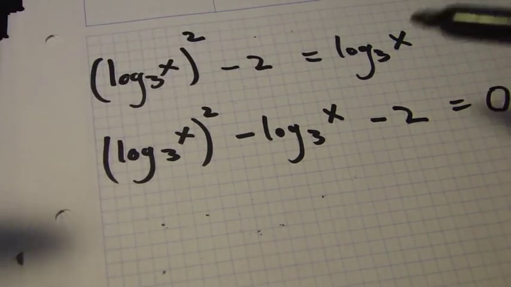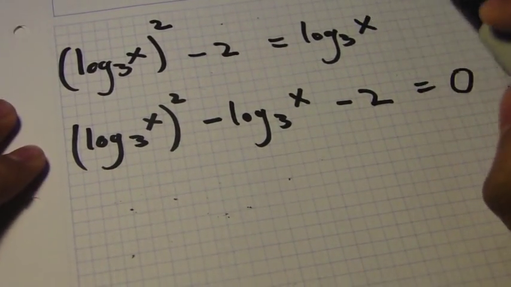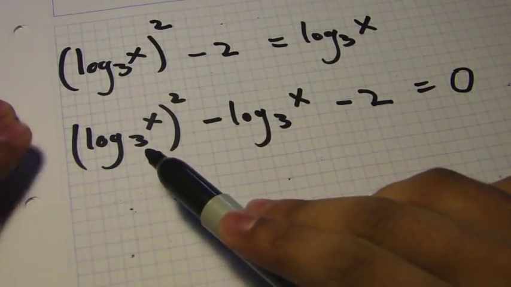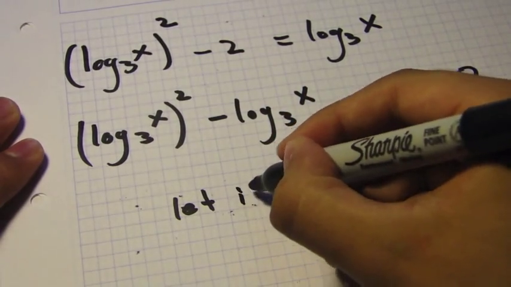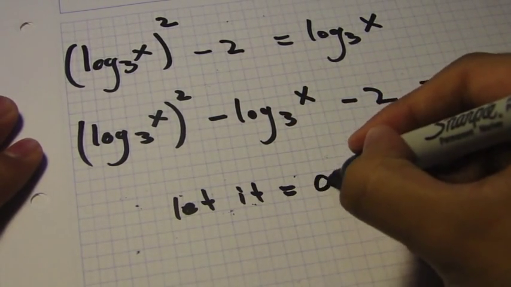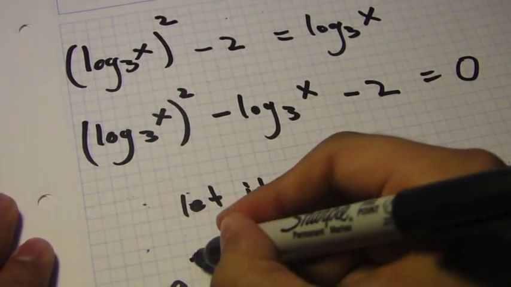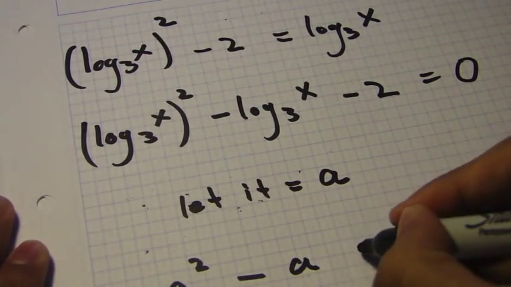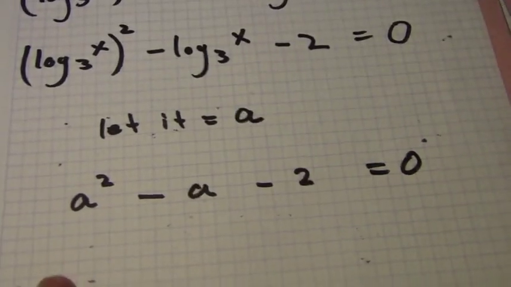Right? Now, a very important step here, you sort of have to see it, but what you have to do is change it into a quadratic. So you take log base 3 of x and let it equal just a, we'll say a for this question. So we end up with a squared minus a minus 2 equals 0, right?